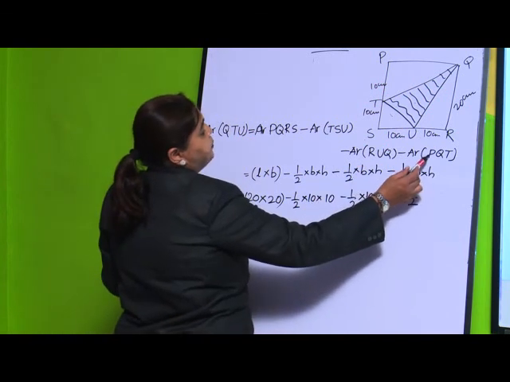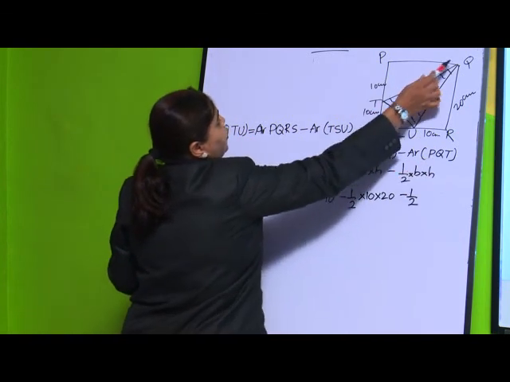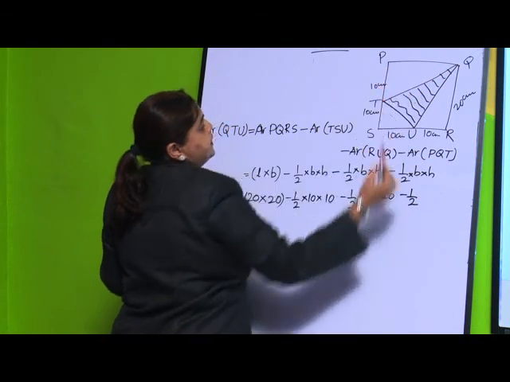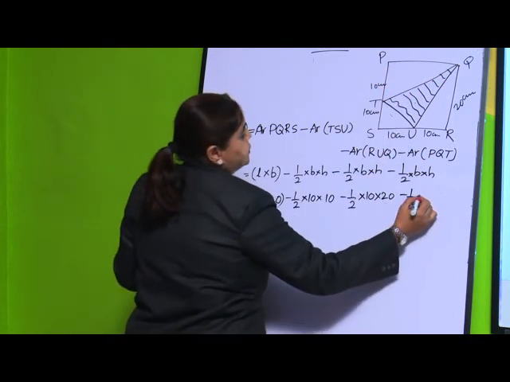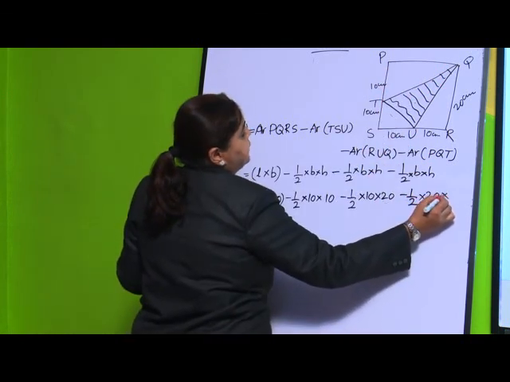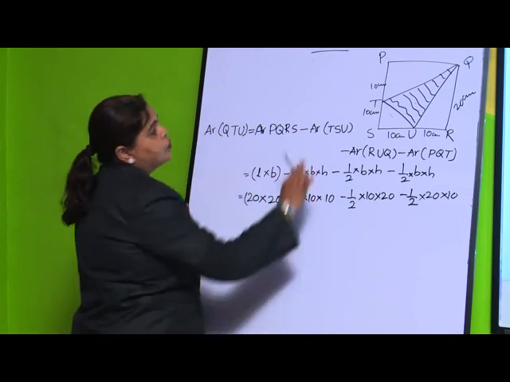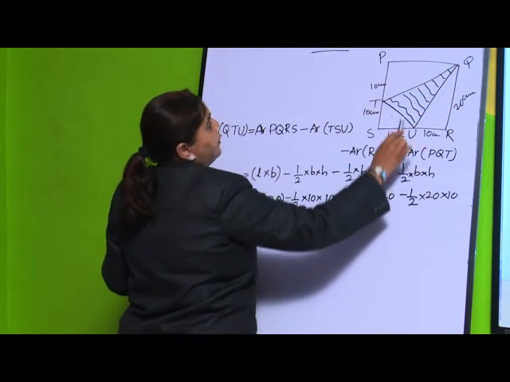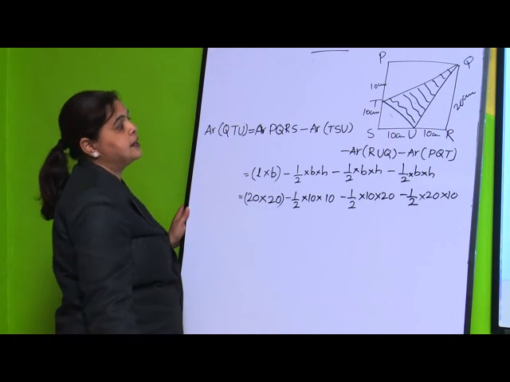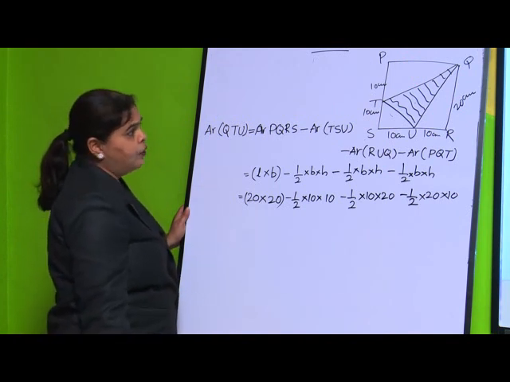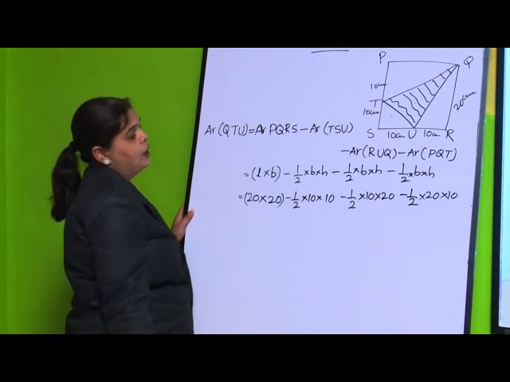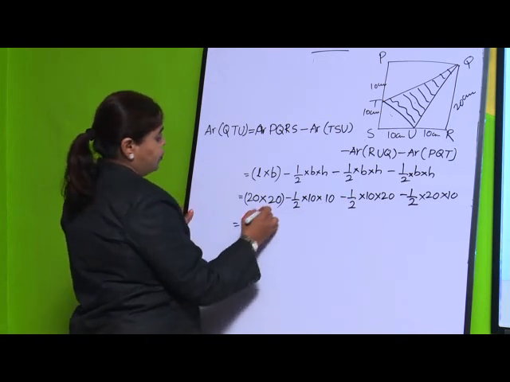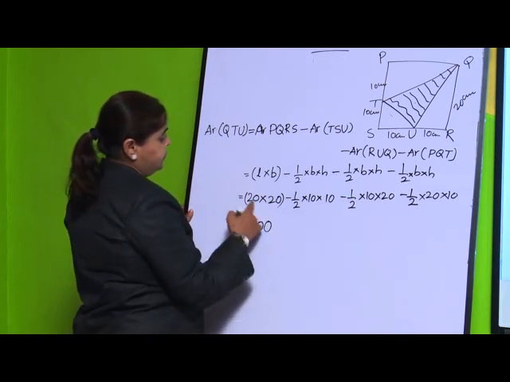Which triangle is it? PQT. What is the base? It is the same because it is a square. So, it is 20 and height is given as 10. So, PQ is what? It is 20, 10 plus 10 is 20, because opposite sides, or all the sides of a square, are equal.